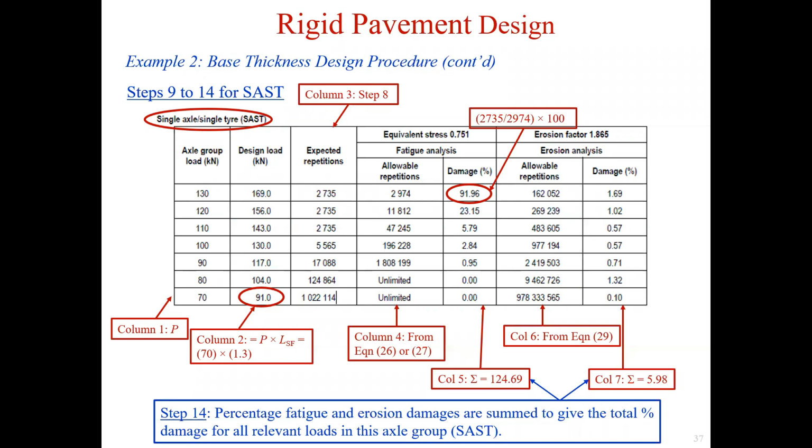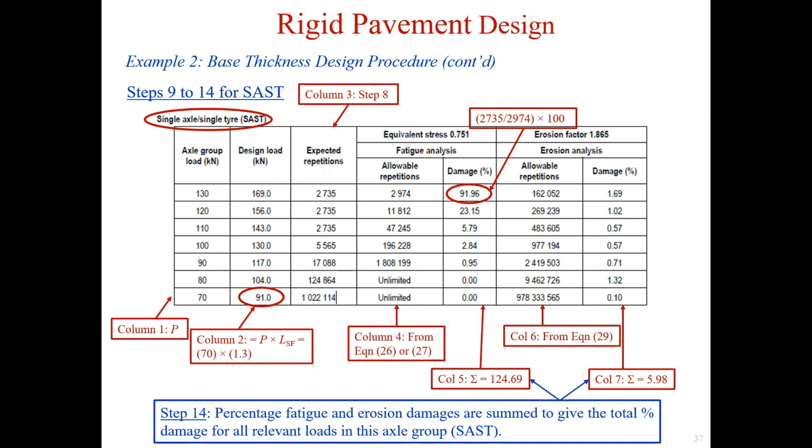The fourth column is the allowable repetitions for fatigue distress, and the values come from equation 26 or 27. The fifth column is the fatigue damage, which is calculated as the expected repetitions divided by the allowable repetitions and times 100.